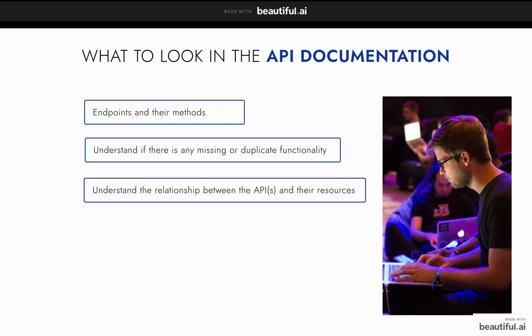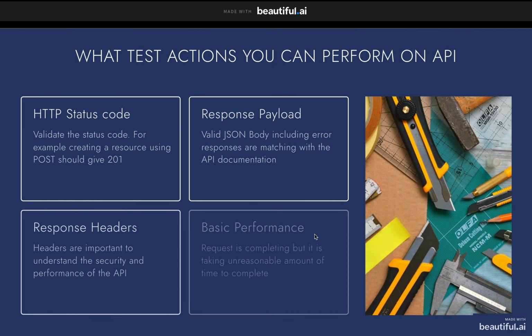You can refer to Swagger or the OpenAPI reference, which many companies use. Some of them also use Confluence to write the API documentation. So these are the things which you have to follow.